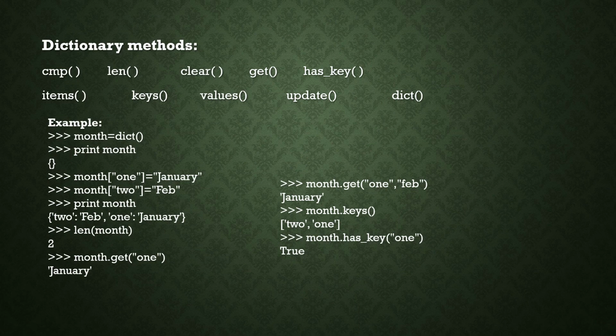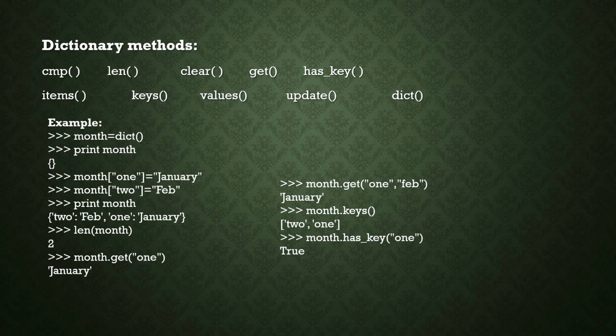Normally the key is used like an index value in a list, to access a particular value in a key-value pair. month.get(1) will display January. month.get(1, February) will display January only; February will not display. month.keys will display only the keys in the dictionary, 2 and 1. In this case the last element inserted is displayed first, that's why it will display 2, 1.